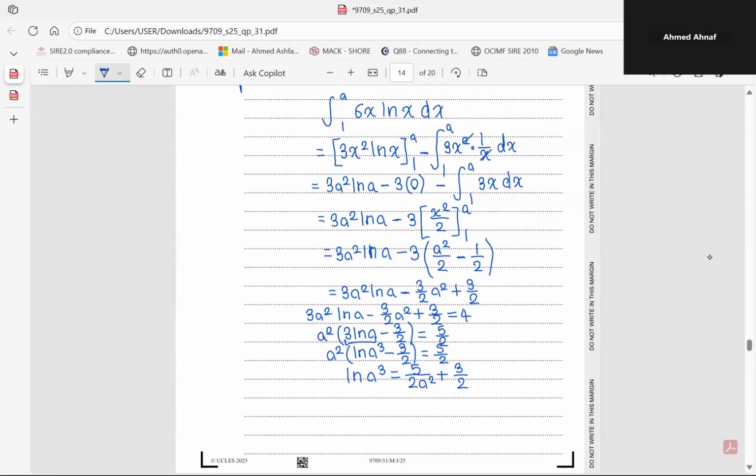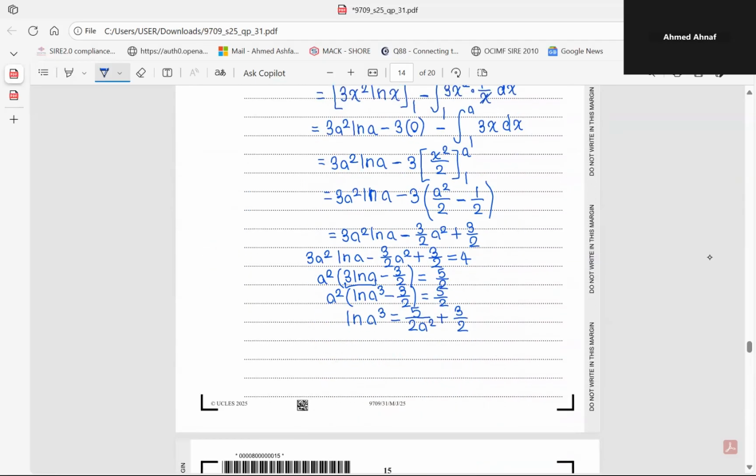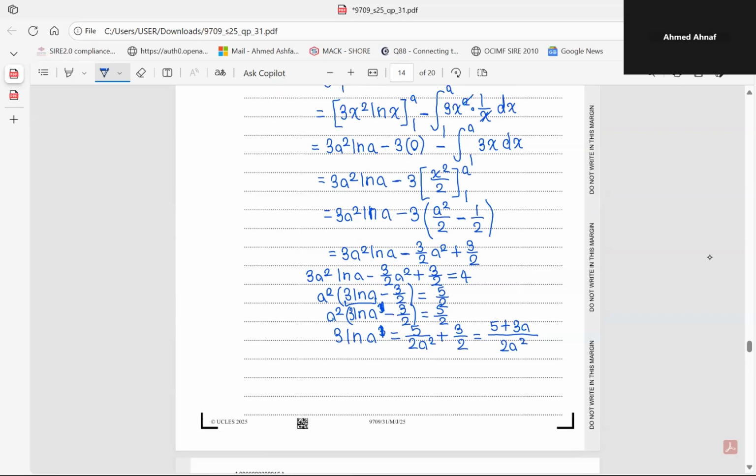Okay, let's see what we have to do. Okay, never mind. Let's just leave this as 3 ln a. Let's make the denominators the same for both of these. So this is 2a squared, 5 plus 3a.